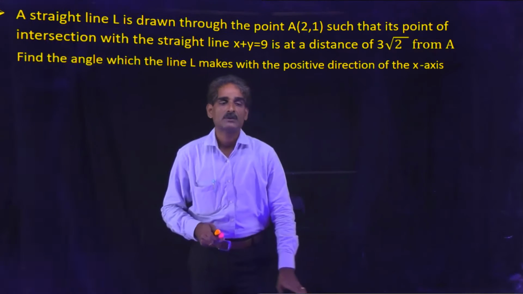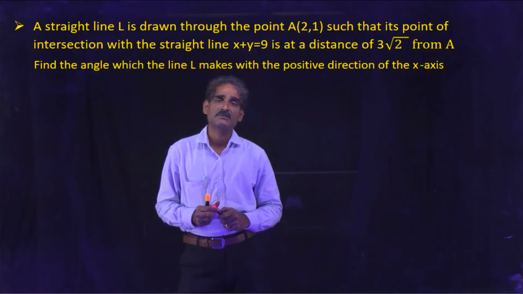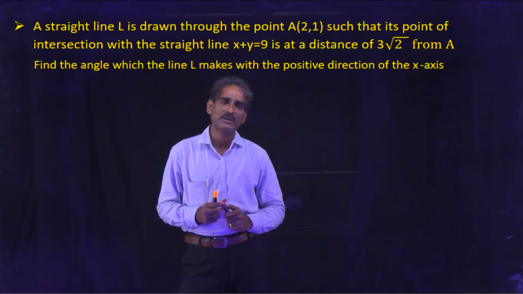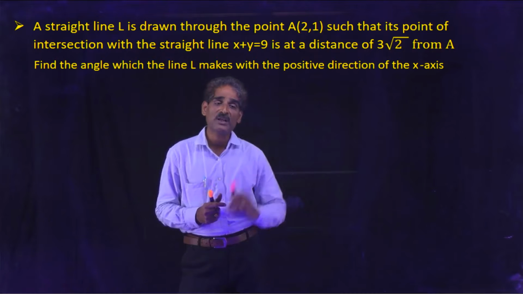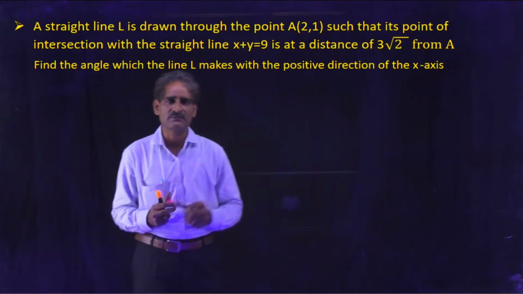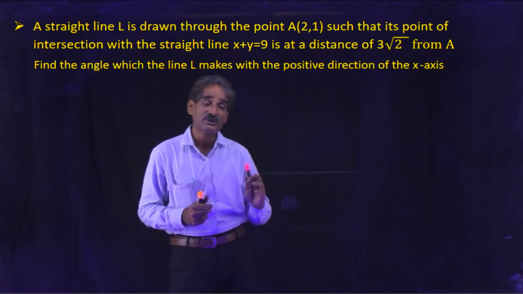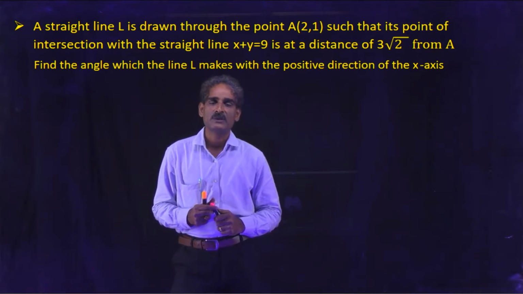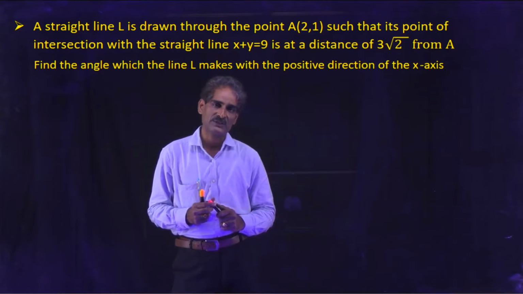Okay, right. So see this problem. A straight line L is drawn through the point A(2, 1) such that its point of intersection with another line is at a distance of 3 root 2 from A. Find the angle which the line makes with the positive direction of the x-axis.